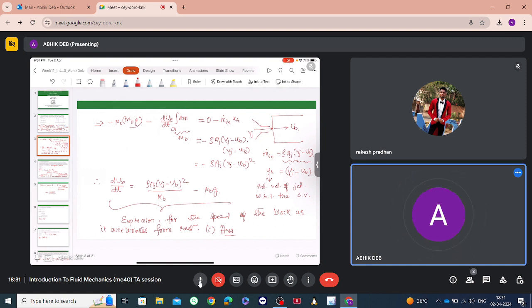The concepts are related to the derivation of the Navier-Stokes equation from differential analysis, and also the solution of the Navier-Stokes equation for some problems like flow through pipes.